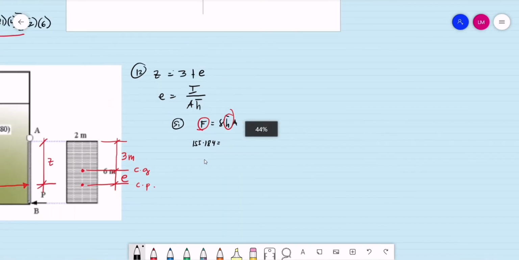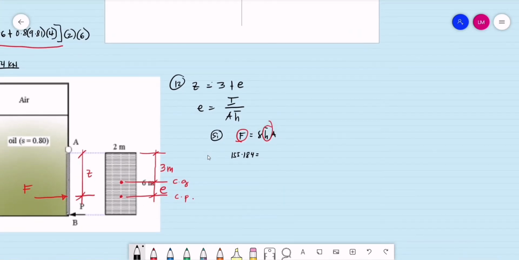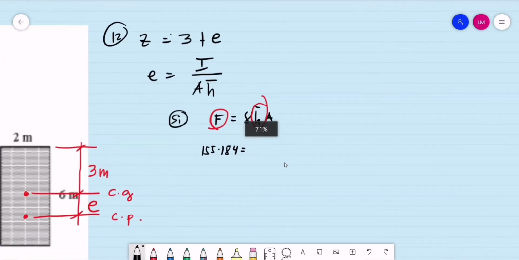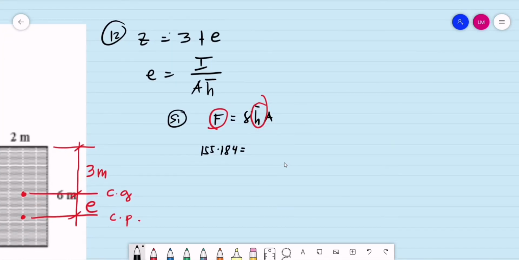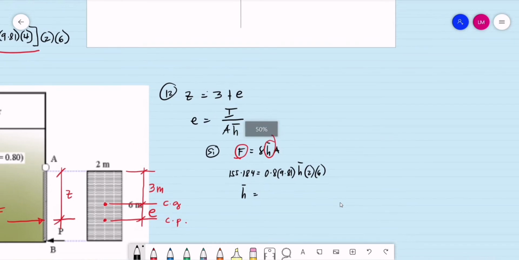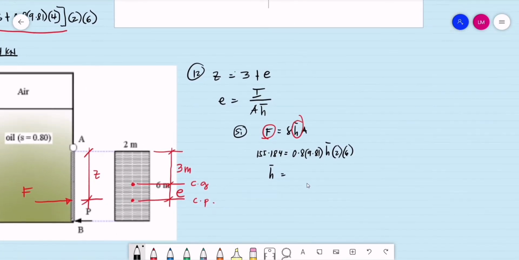Dapat gamitin natin yung unit weight ng liquid na ginamit dito. So, yung liquid dito is oil with a specific gravity of 0.8 times 9.81. Yun yung gamma ng liquid, multiplied by the bar H times the area. Yung area ng gate is 2 meters by 6 meters. So magkakaroon tayo ng parang equivalent na bar H pero hindi siya existing. Equivalent lang dahil lang sa force na 155.184.